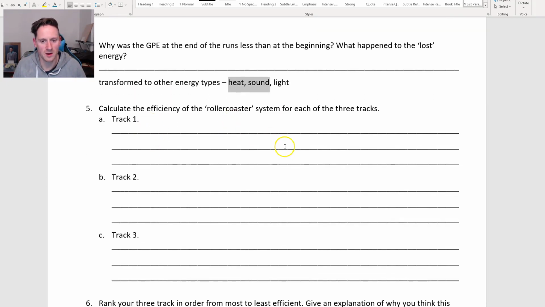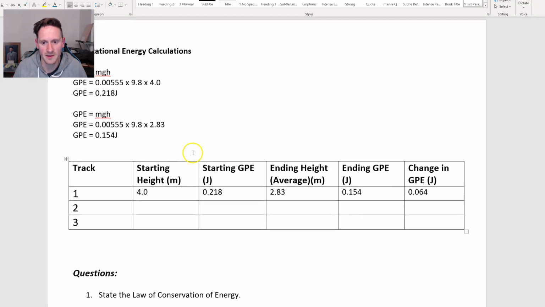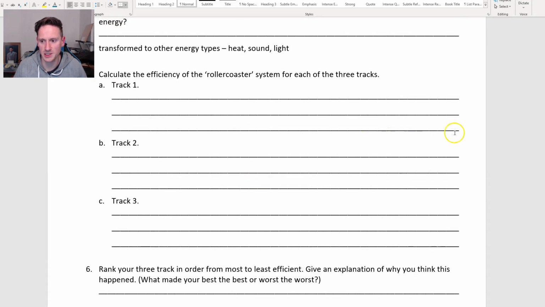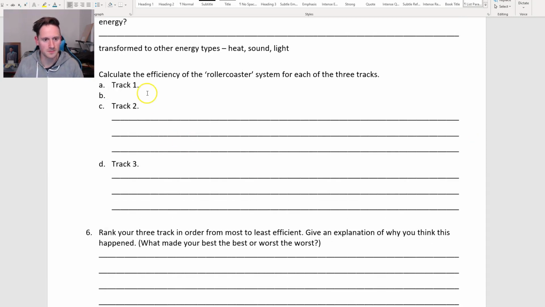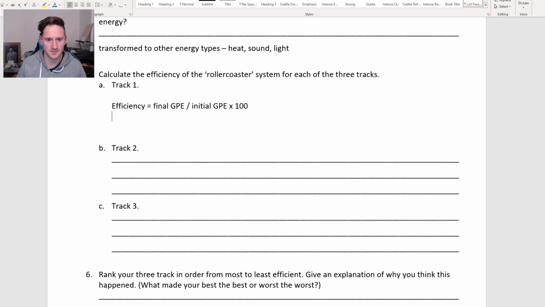Calculate the efficiency of the roller coaster system for each of the 3 tracks. So you've got track 1 and track 2 and track 3. So guys, efficiency is basically saying, okay, that was the start in terms of energy, that's the end, okay? So we want to calculate an efficiency percentage. So I'll do track 1 for us. Efficiency is going to be the final GPE divided by the initial GPE times 100.